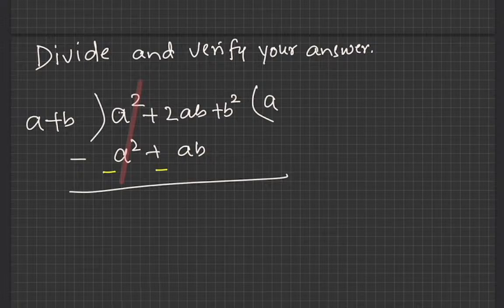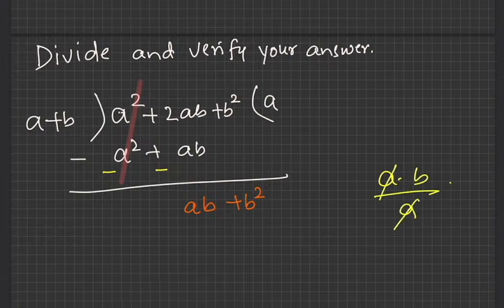And there is always a 1 over here. It's ab, but there is a numeric coefficient, as always, 1. So 2 minus 1 is 1, but we don't write it as 1ab, so it is understood that it is ab. And then I bring down b squared. So now a times b by a.